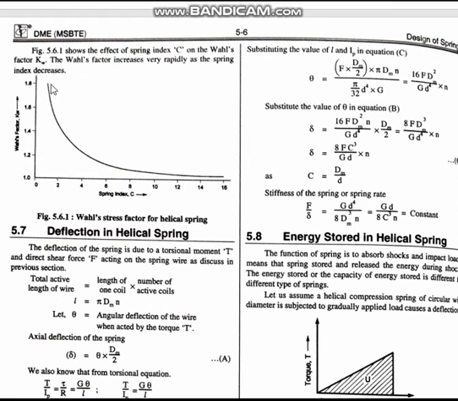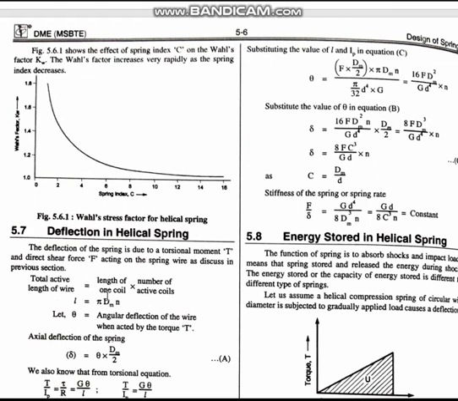From there it is coming like this. On the x-axis we are taking spring index, on the y-axis Wahl's correction factor, and as the spring index is increasing, the effect of Wahl's stress factor is very little. As the spring index is less and less, the Wahl's correction factor becomes more prominent.